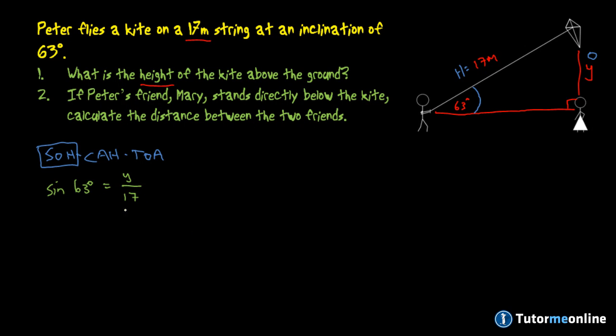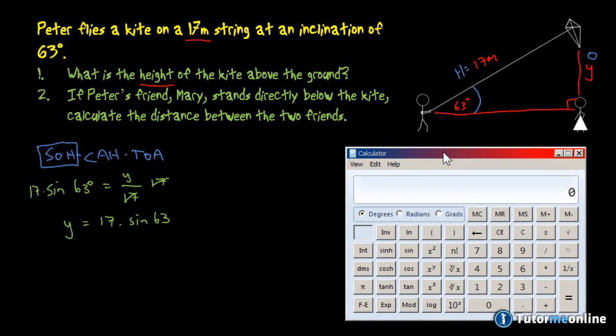we can then algebraically simplify this so that we have y alone on one side. So we multiply by 17 on both sides. And that then leaves us with y equals 17 multiplied by the sine of 63. So let's do that on the calculator.